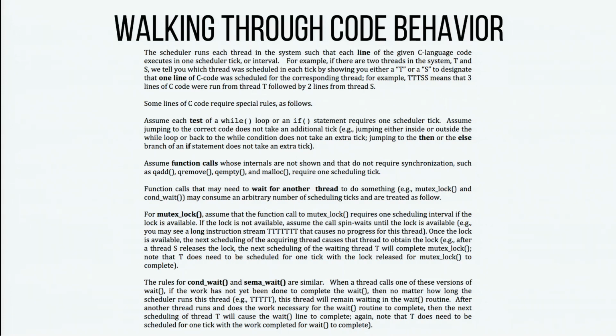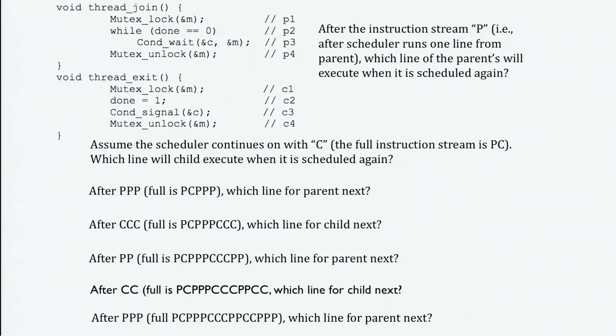Otherwise, if you're stuck there waiting, again, you could have to do an arbitrary number of timer ticks until another thread is scheduled and calls post on that, and then you have 1 more timer tick to finish it up and be done. So I want you to understand all of the rules, and the point of this one is to make sure we can interpret those rules correctly.